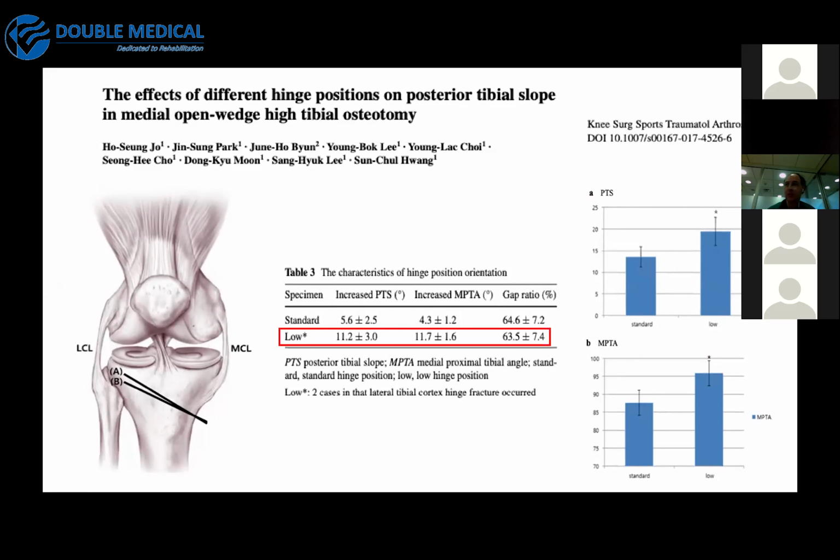That will increase the magnitude of our correction. So we need to check intraoperatively what we have done preoperatively. If you don't use the same landmarks that we studied before the surgery, this patient will end with an overcorrection. And also we see there's a higher rate of lateral hinge fractures if we put a lower hinge point.